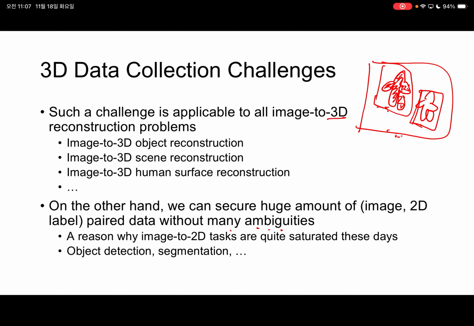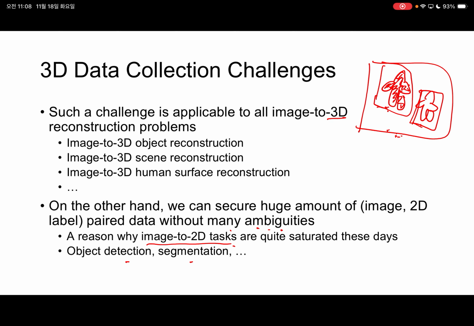That is the reason why image to 2D tasks are quite saturated these days. Object detection, segmentation. There are many image to 2D tasks. Of course, some of them are still challenging, but very saturated, I think. Especially these days, many industry companies are collecting their own data sets, and they have lots of money and human resources, so they can secure a huge amount of data.